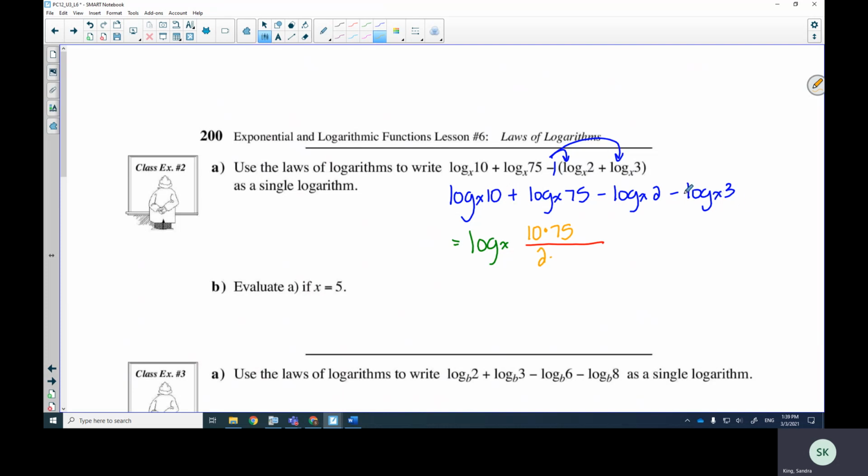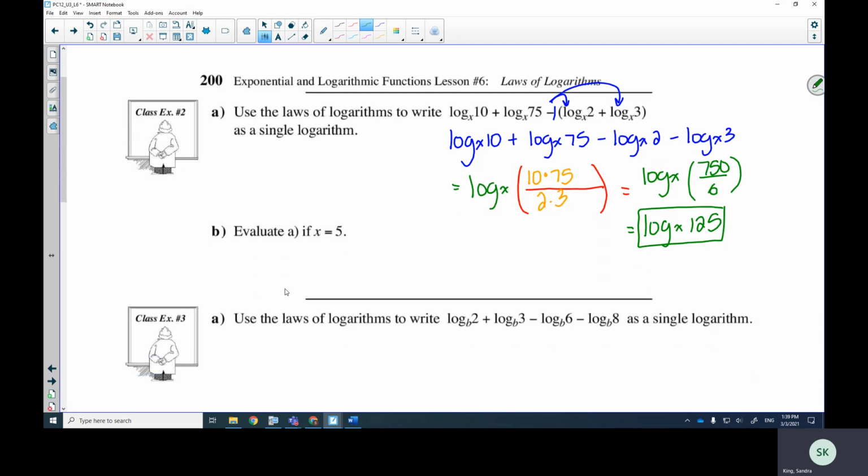This last log is a negative log. 3 goes in the denominator. I'm going to put this in a bracket, and that is the log base x of 750 divided by 6, which is equal to the log base x of 125. And you just went from 4 logs down to 1 log.